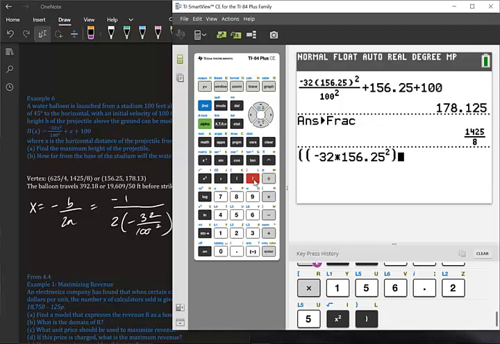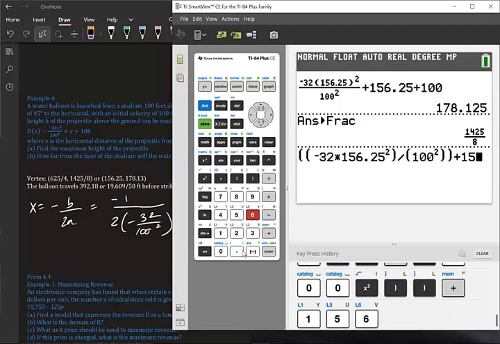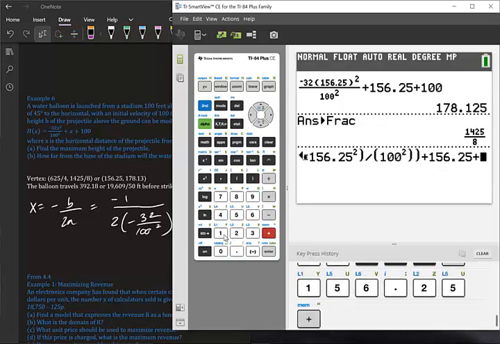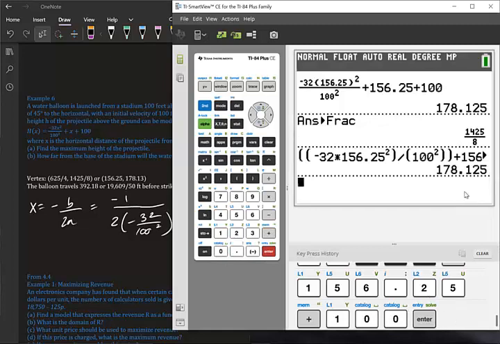And then that is divided by parentheses 100 squared plus 156.25 plus 100. So we get the same decimal answer. All right, so that was all for part A.